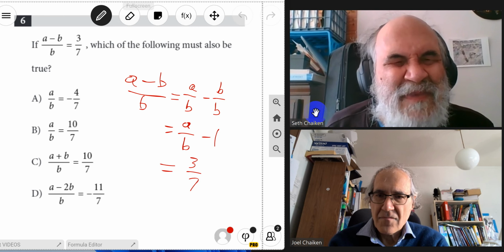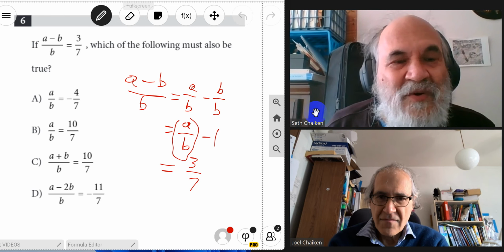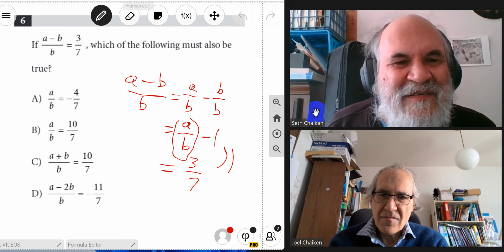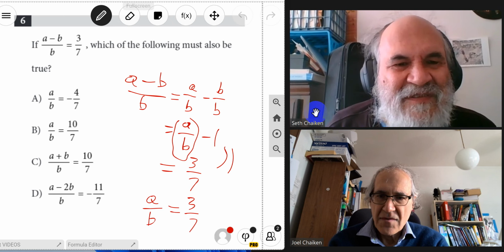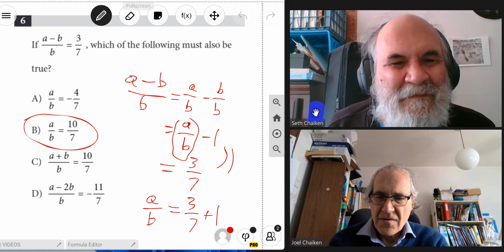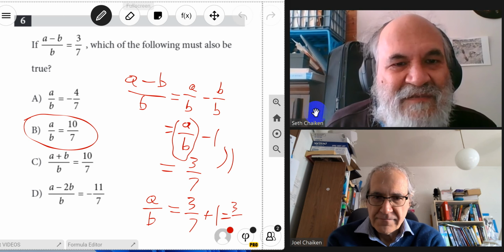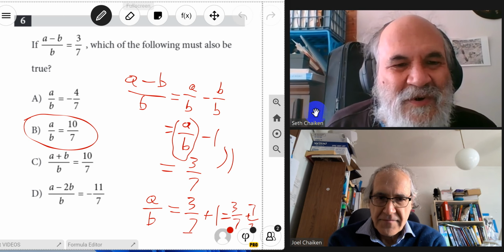That led me to simply solve for A over B from this equation. So I add 1 to both sides and get a value for A over B. It's 3/7 plus 1, which matches choice B. 3/7 plus 1 is 3/7 plus 7/7, which is equal to 10/7.